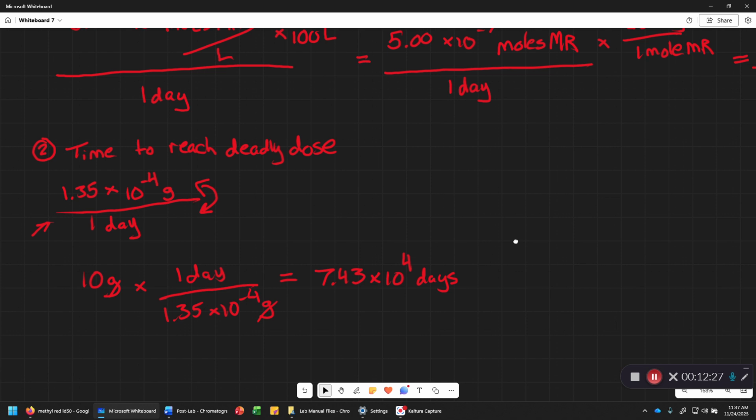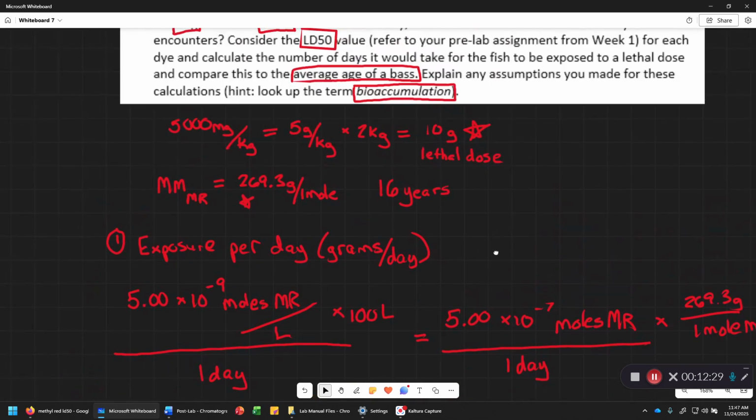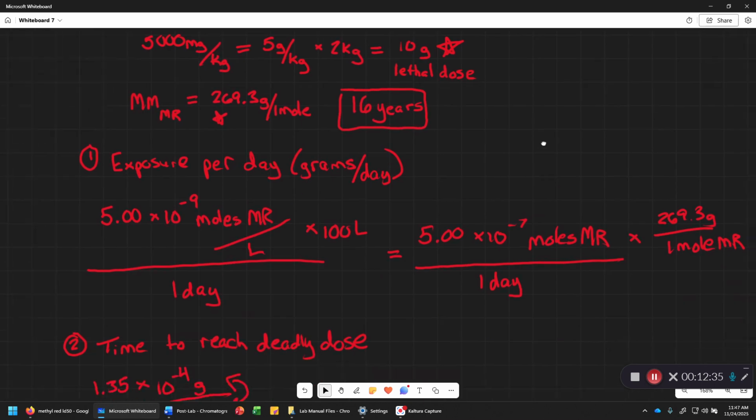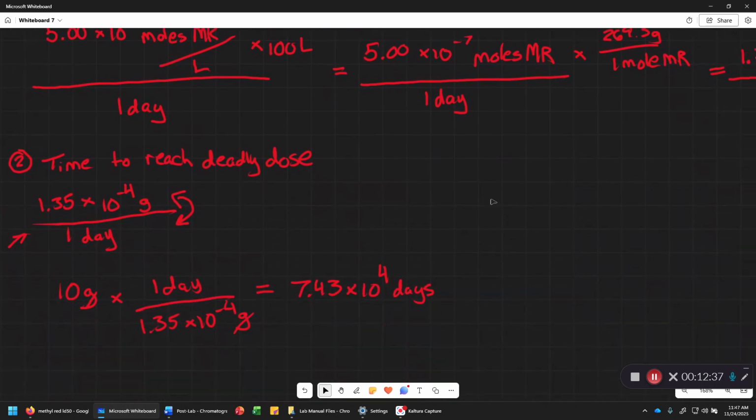Now, the lifespan of a fish is in terms of years, so we take this time in days and turn it into years, and then compare the two numbers. To convert it, we know that 1 year is 365 days.